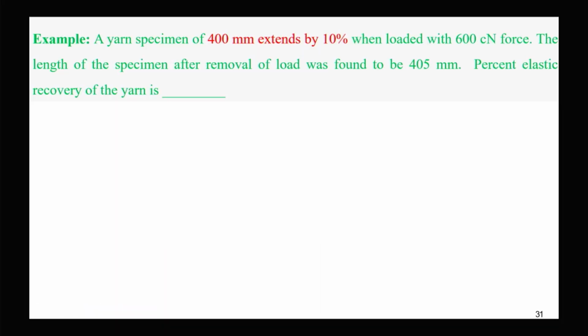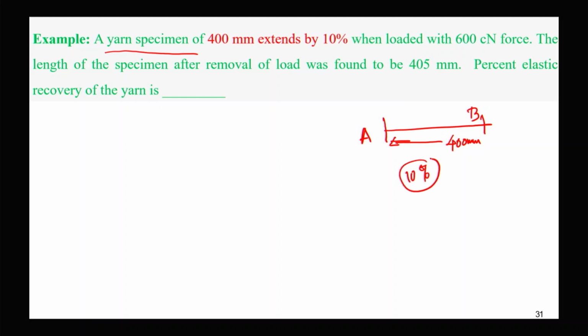Now let us try to solve a numerical on elastic recovery. A yarn specimen AB of length 400 millimeter is extended by 10%.